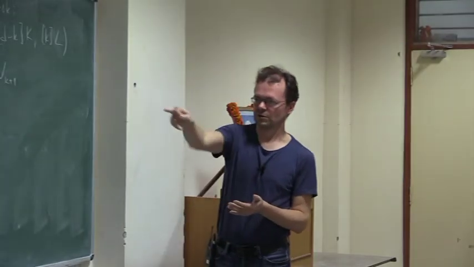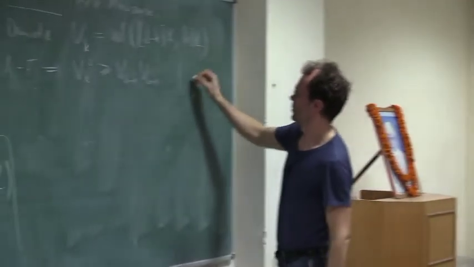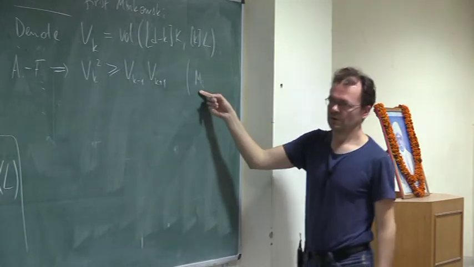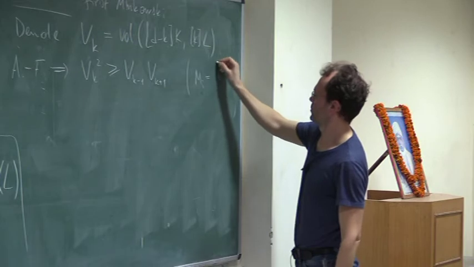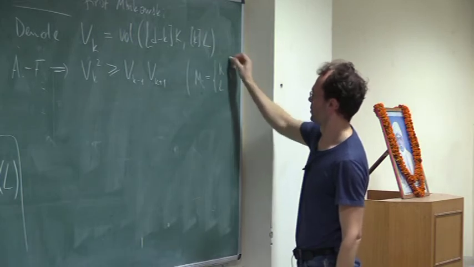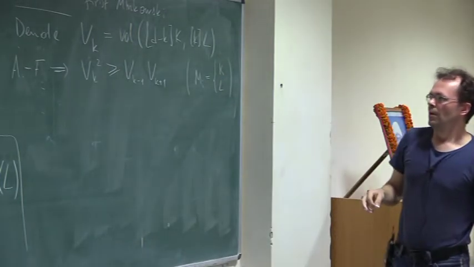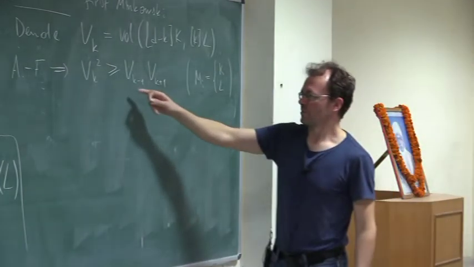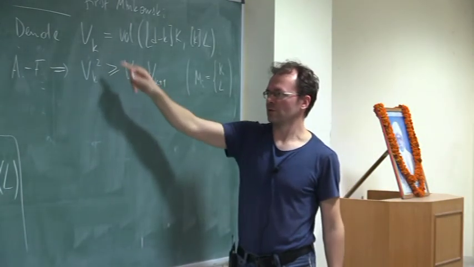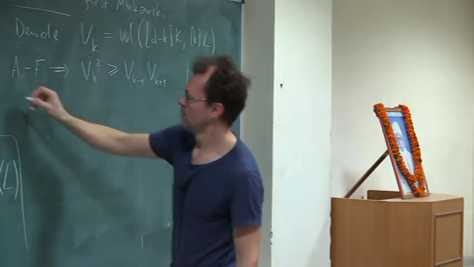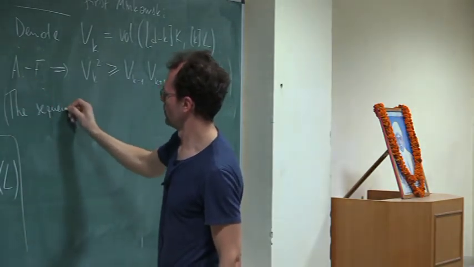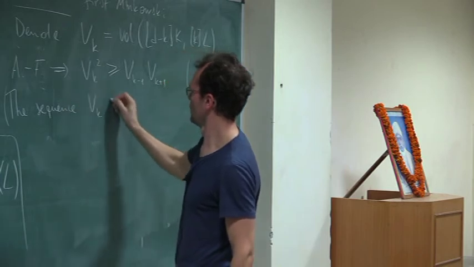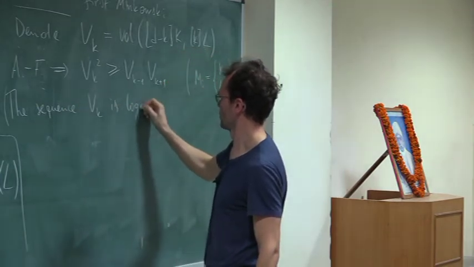For that one just takes all those mi's and puts them equal to K or L. So this means that the sequence Vk is log concave. Is logarithmically concave.